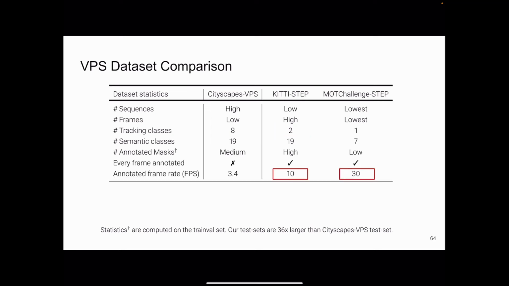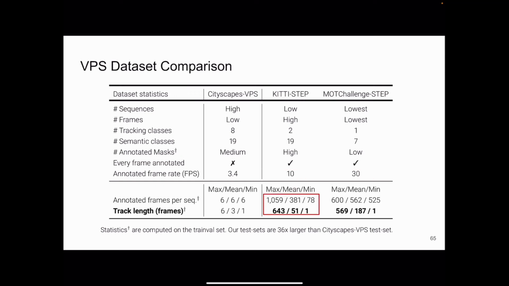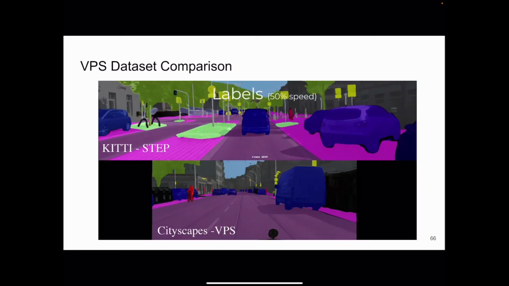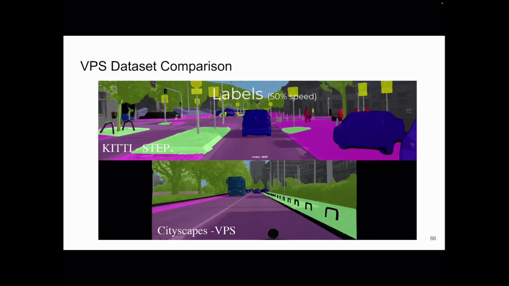Our annotated frame rate is higher than Cityscape VPS. Additionally, our dataset contains long video frames and long track lengths, which presents a more challenging and practical scenario, requiring both short and long-term segmentation and tracking. In this slide, we show a video demo of our annotated dataset.